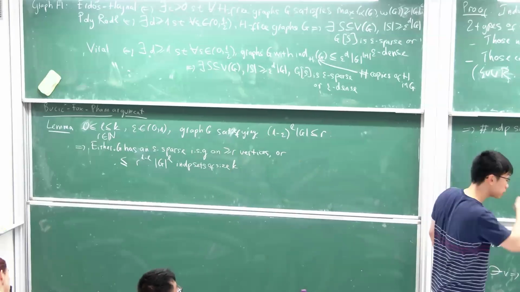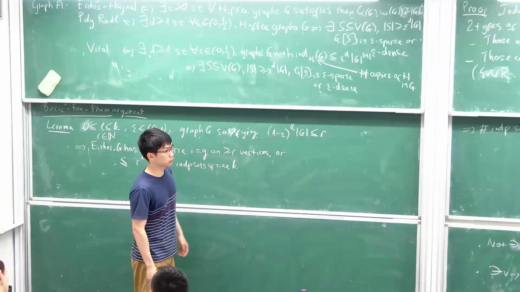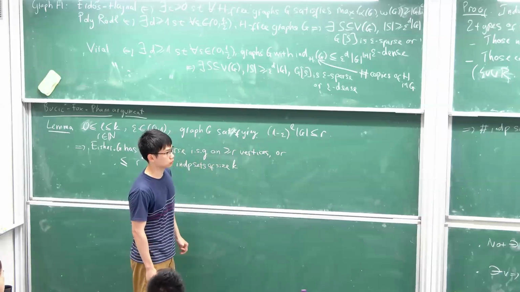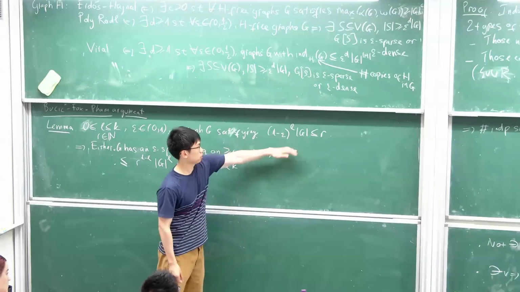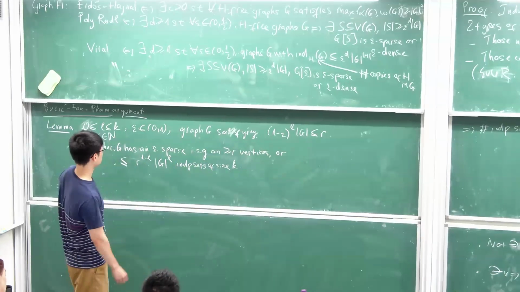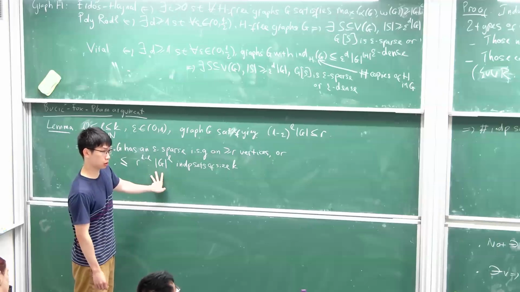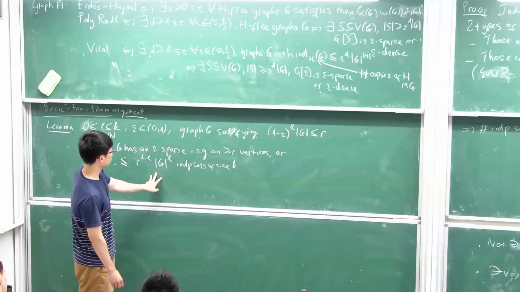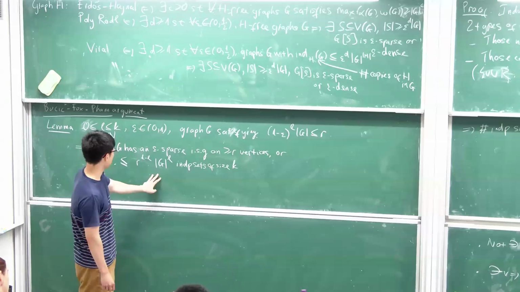We plug in 1 minus epsilon to the L times the order of G instead of R, then the right hand side of the inequality means that the number of independent sets of size K is bounded by 1 minus epsilon to some exponent times G to the K. But it is obvious that the number of independent sets of size K is bounded by the order of G choose K. Then why is this bound better than this trivial bound?